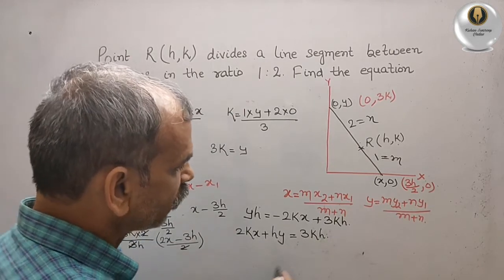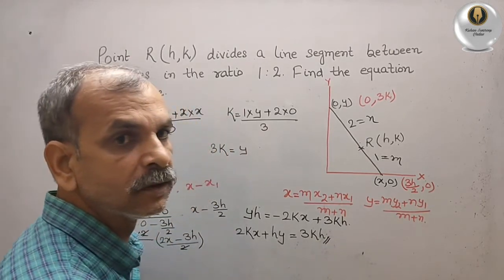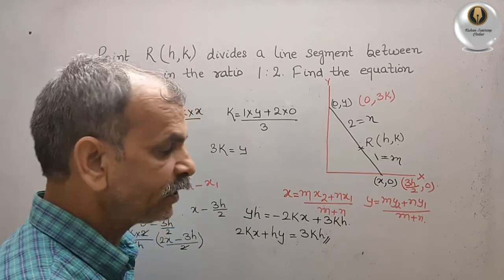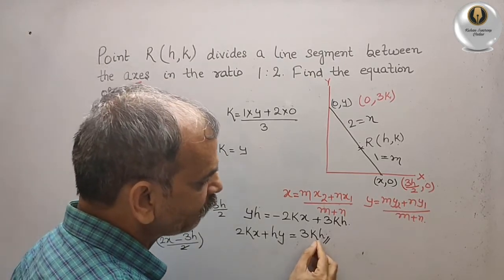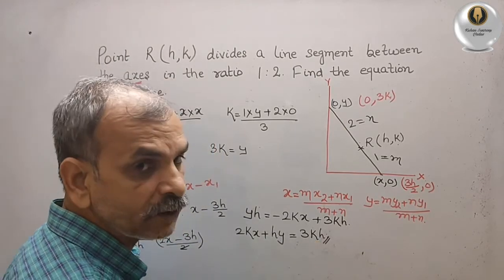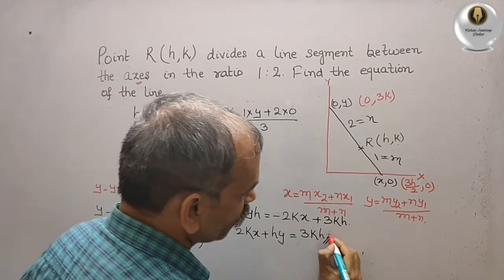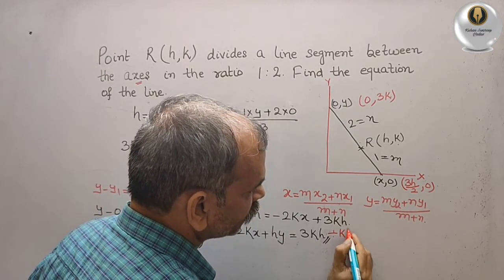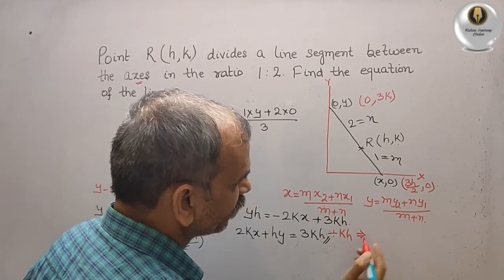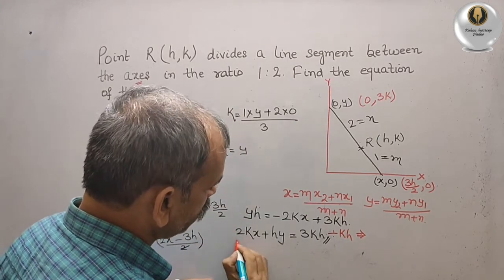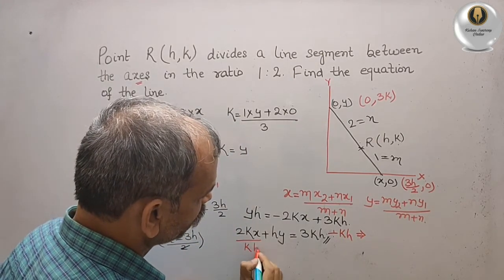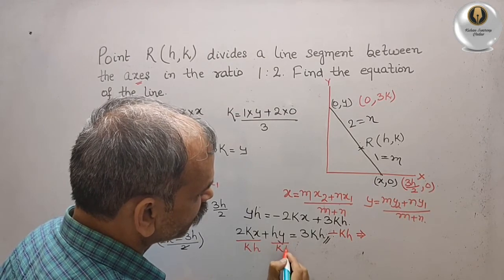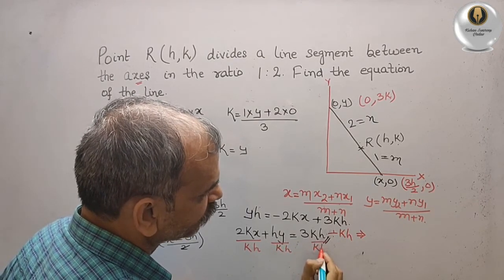So one is this equation. The next equation is that you can divide this equation by kh. Divide everything by kh.